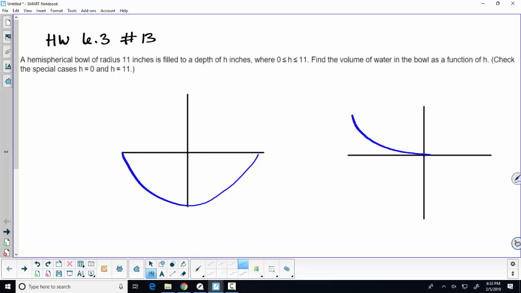Honestly, it doesn't matter how you orient this. The idea is that we're going to take one of these pieces and rotate it around the y-axis to generate a volume.